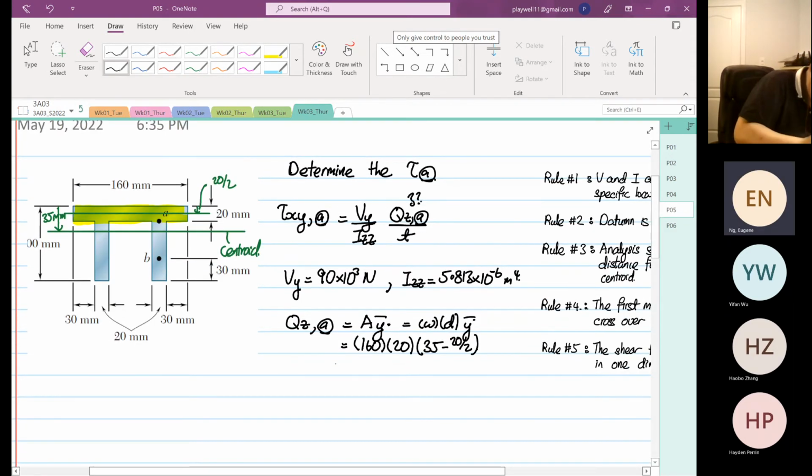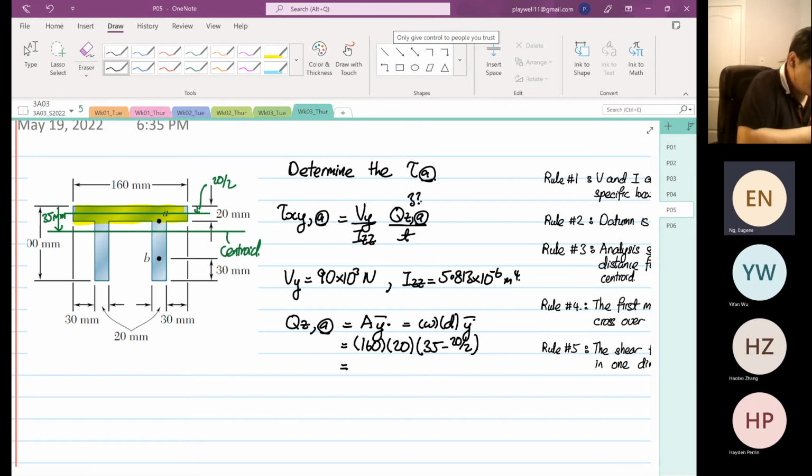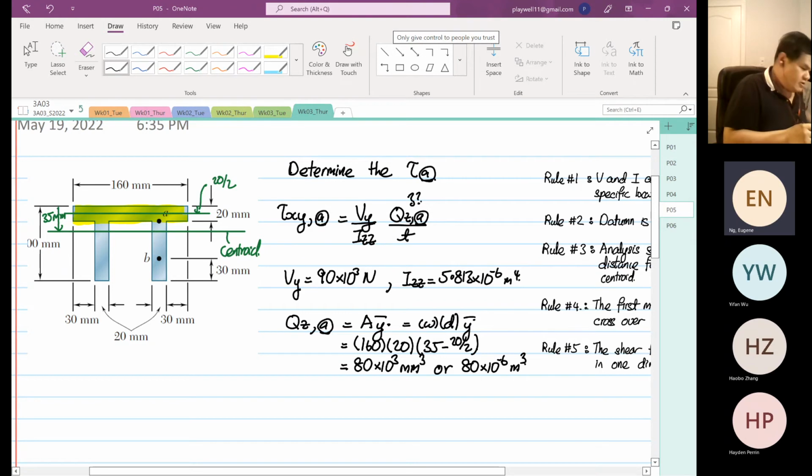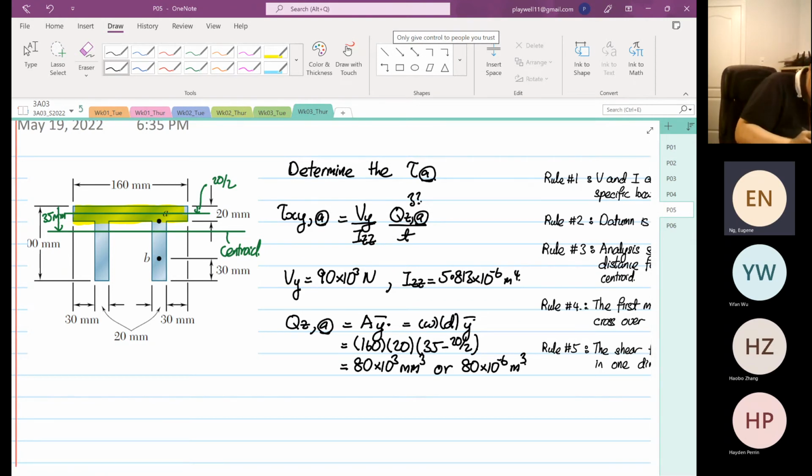From here, we calculate our first moment of area. So 35 minus 10 times 20 times 160 is equal to 80 times 10 to the power 3 millimeter cube, or 80 times 10 to the power minus 6 meter cube. Okay, so we find our centroid.